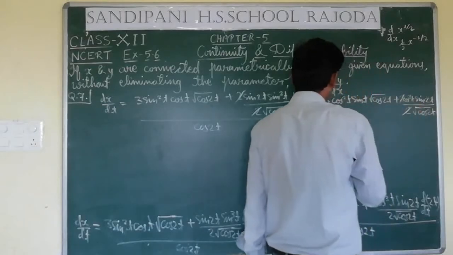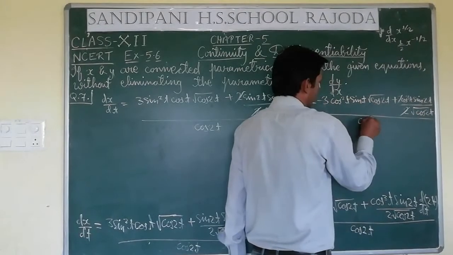So this 2 is also cancelled, and in the denominator it is cos 2t.